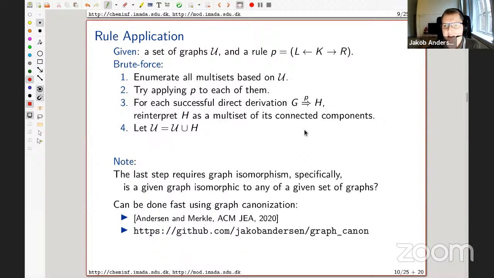It turns out this is relatively slow because there are a lot of graphs that will not be matched by every rule. Of course, here we will have a set of rules in general.